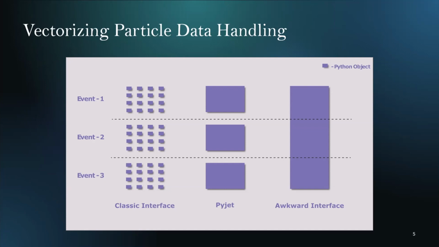It vectorizes on an event level. But we decided to take it one step further and vectorize the multiple events that we have. So you see that one big box, that's the one whole Python object that you can use. It's a big improvement on the classic interface, and it's better than, of course, PyJet.